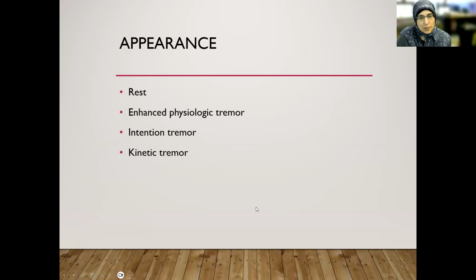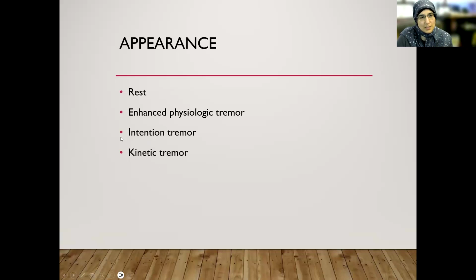And how does it look? The drug-induced or medication-induced tremor can resemble any tremor syndrome that we talk about. It could resemble what we see in Parkinson's disease, so they can have rest tremor. It could resemble what we see in enhanced physiological tremor. It could be present only when an individual is maintaining a posture or doing movements.